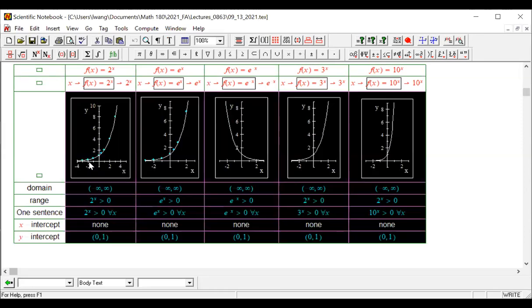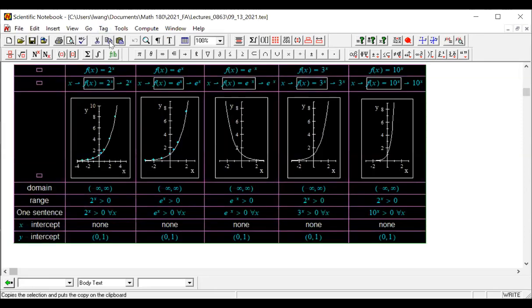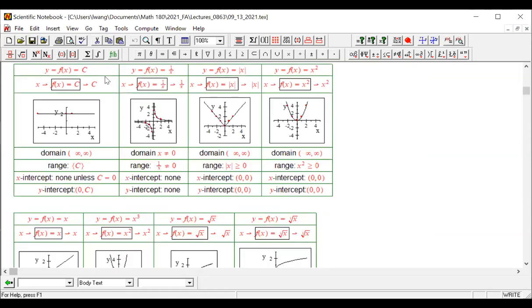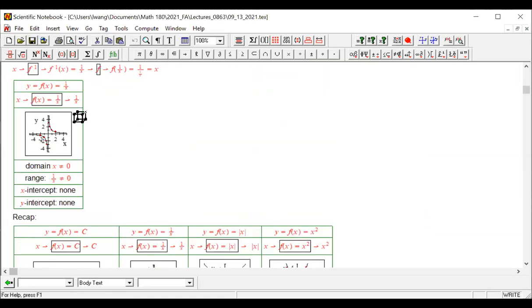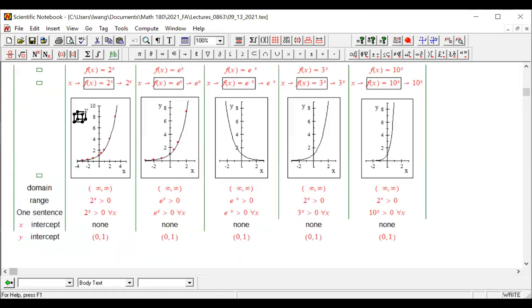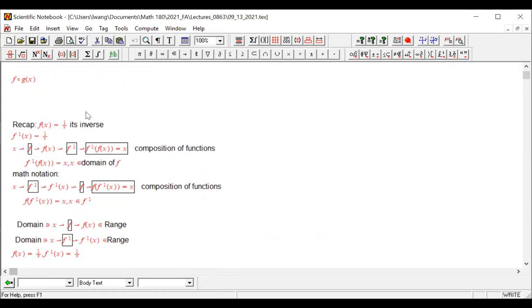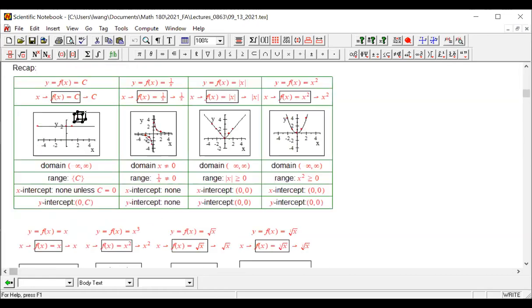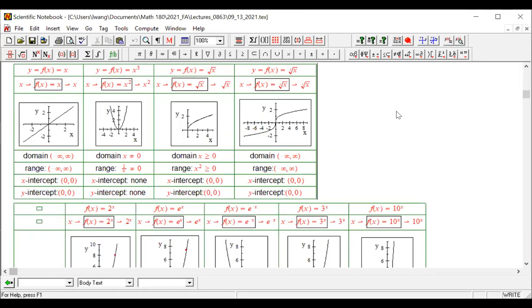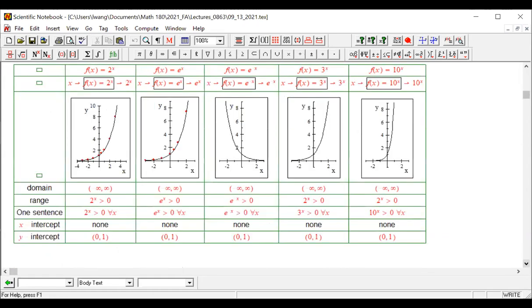These functions. It's a little bit difficult to do a copy and paste, but that's what I'm going to do. I'm going to copy one at a time.